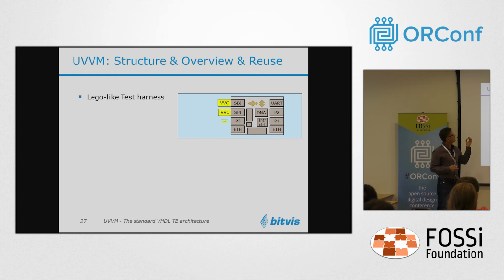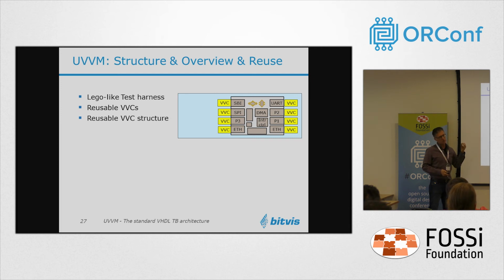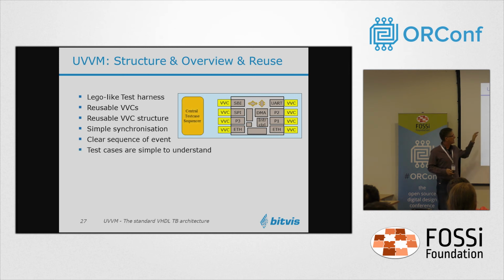So to summarize this, it's basically a Lego-like test harness, reusable verification components, and you can use them, of course, at the module level and FPGA level, and in your next project. Reusable verification component structure, which is equally important. Simple synchronization, a clear sequence of events, and that's also important because you can see the complete sequence of events in your test environment by just looking at one single test sequencer, not looking at multiple processes and having to look at when does that start, when is that triggered.